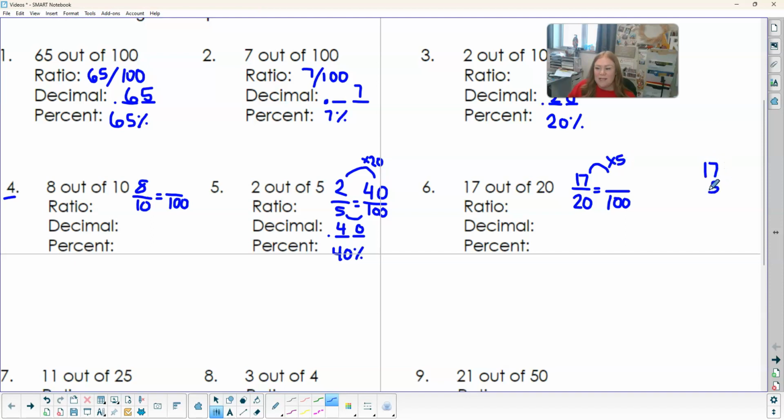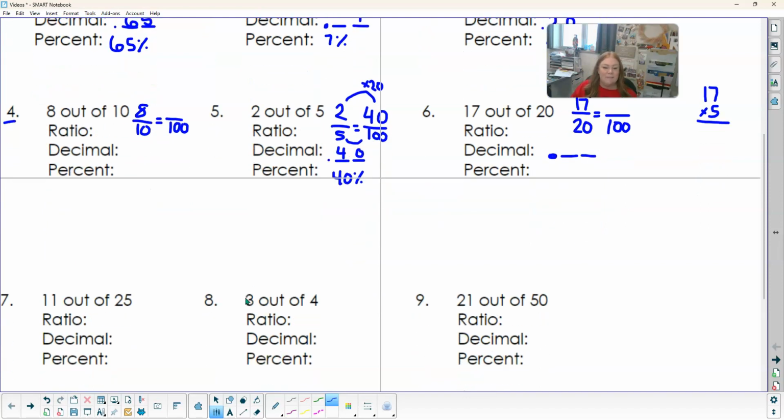So I'm going to have you try 17 times 5. That goes here. Then that number becomes the decimal and the percent. So whatever this answer is here, it's my numerator, it's my decimal, and it's my percent because they're all out of 100. So go ahead and finish number 6.